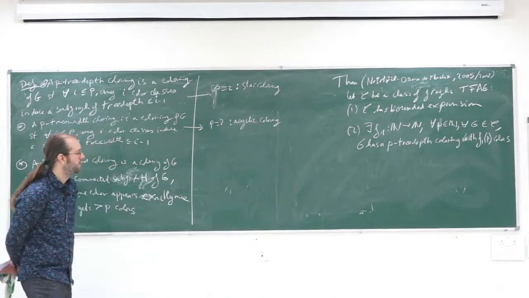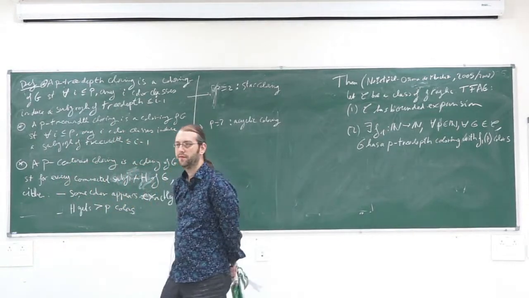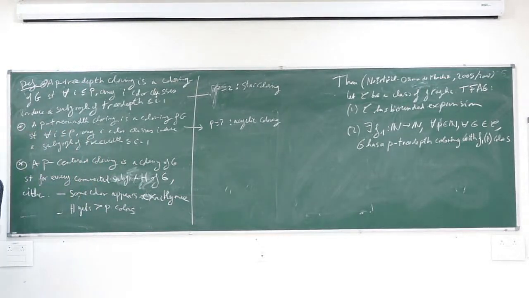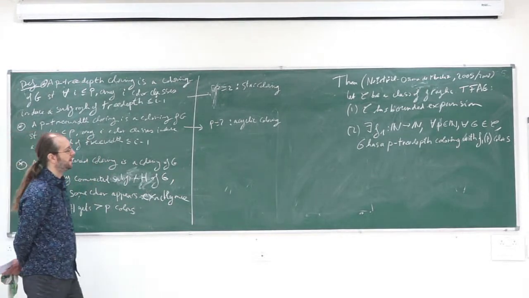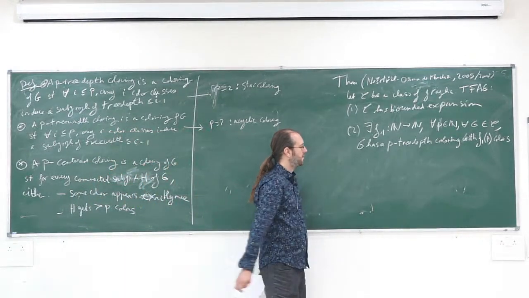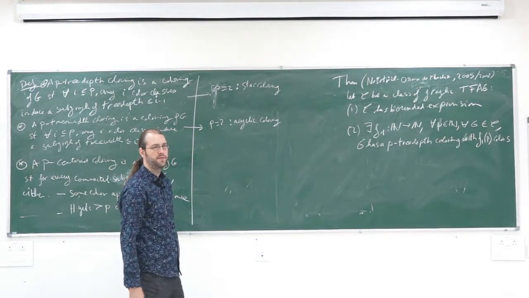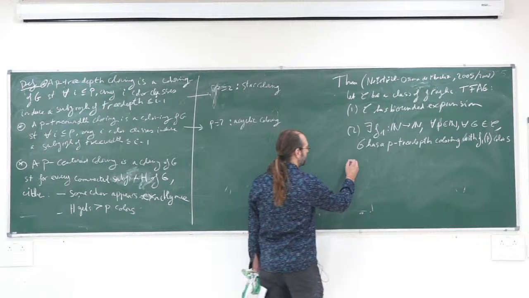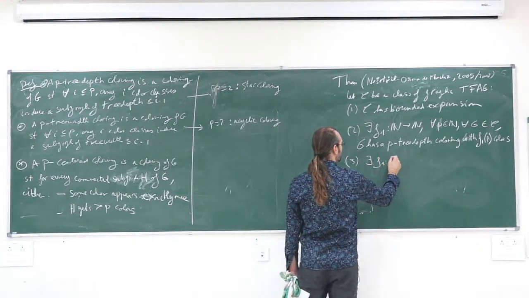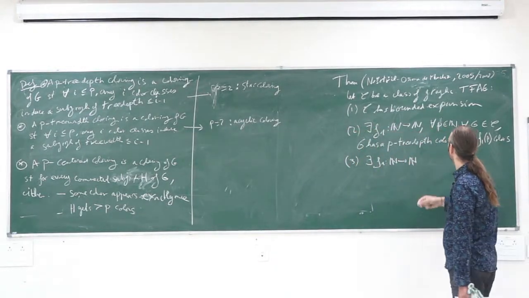So this time I'm bounding the colors, but by some function of p. This is the same as having bounded expansion. That's what they showed. In particular, it implies p-treewidth coverings, because bounded tree depth implies bounded treewidth. But actually, this is also equivalent. So you can rewrite this as bounded tree depth. Even though this is weaker, it's still a characterization.